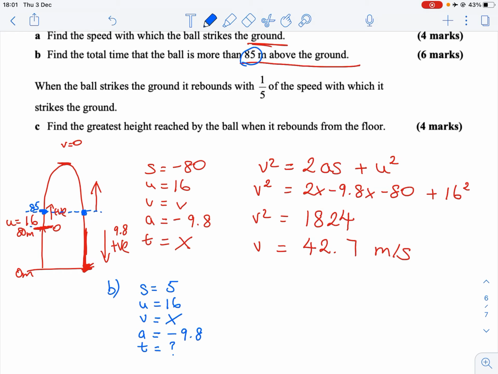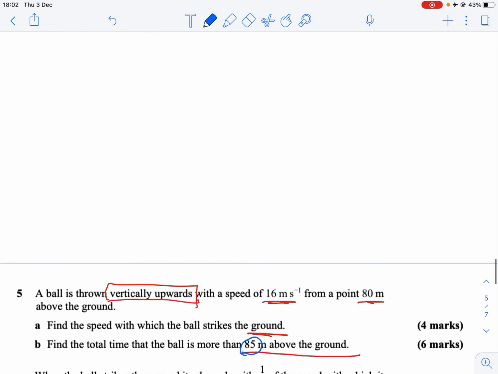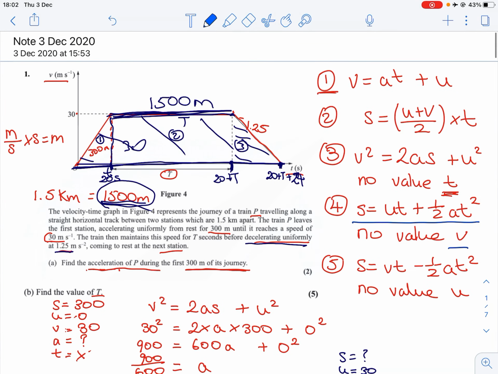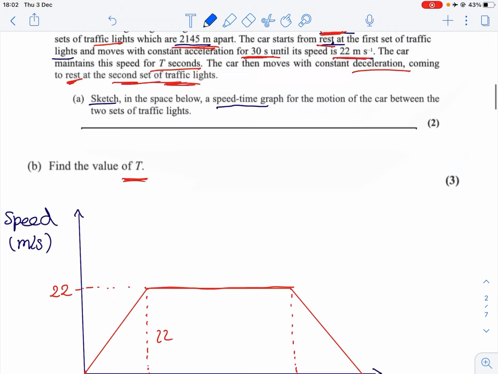So again, look back at the 5 formulas. Which one are we going to use when we have no value for v? It's going to be equation number 4: s equals ut plus half at squared.